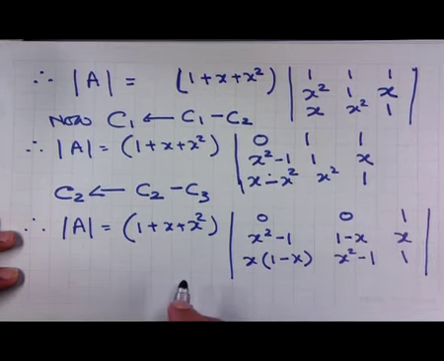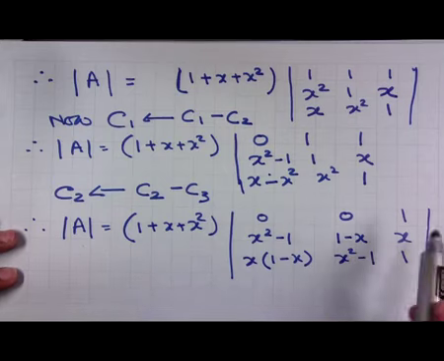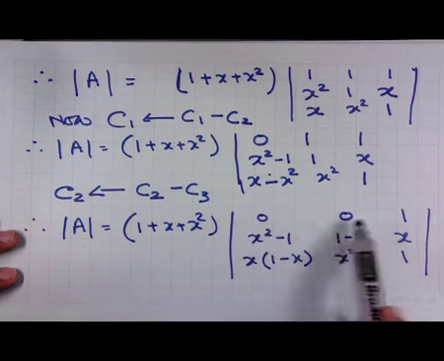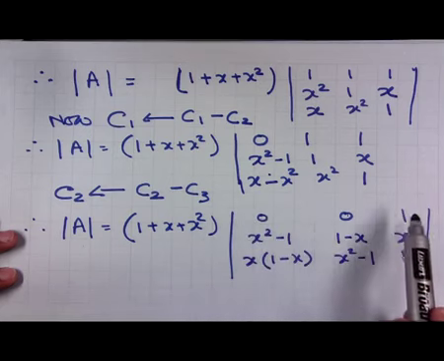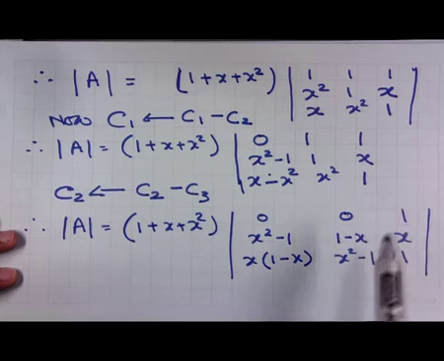What is the advantage? The advantage is that now in the first row we have 2 zeros and only one non-zero element, which is 1.